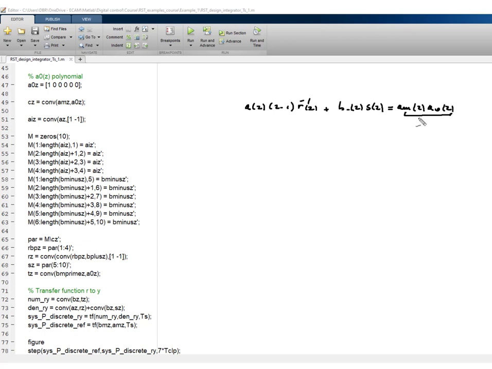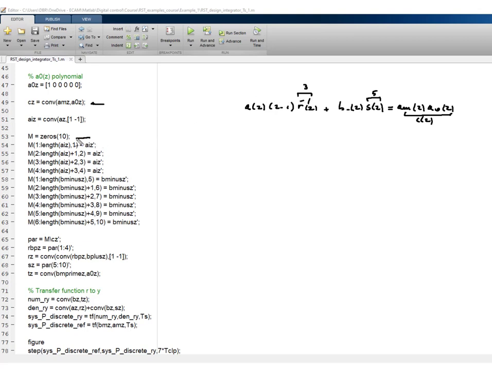So this is C, the C polynomial that is constructed over here. This one here now has a degree 3, okay, and this one has a degree 5. So 5 plus 3 plus 2, there will be 10 parameters.